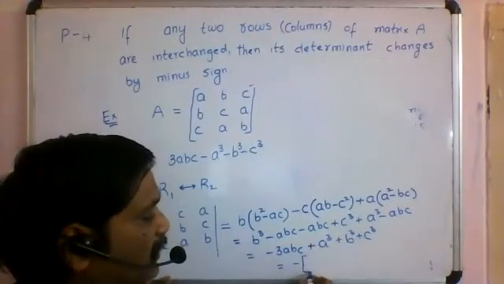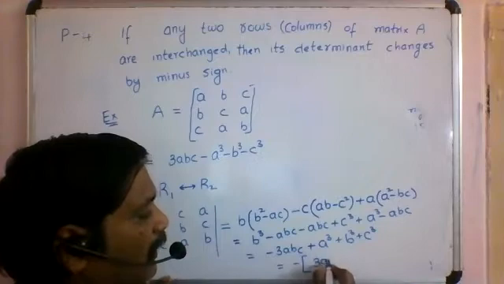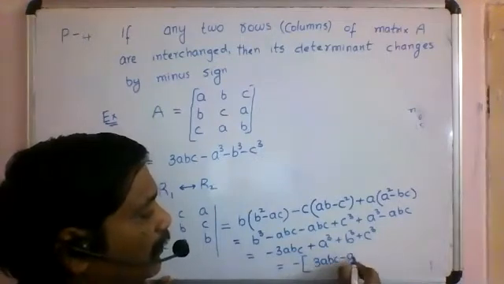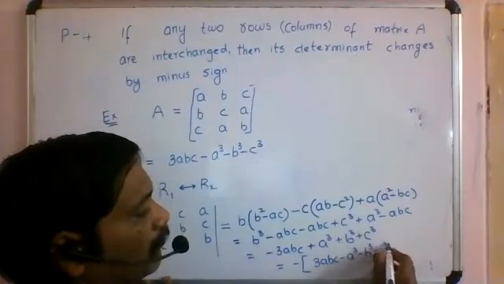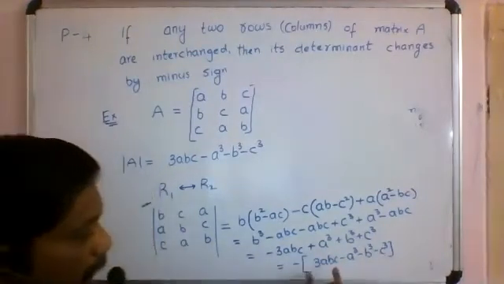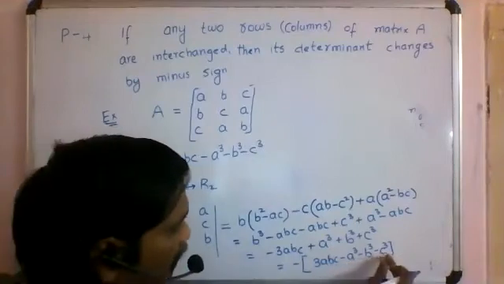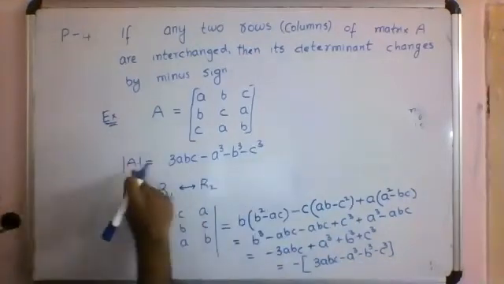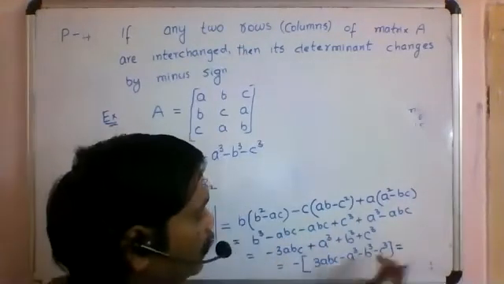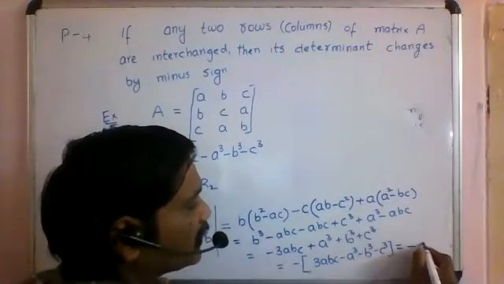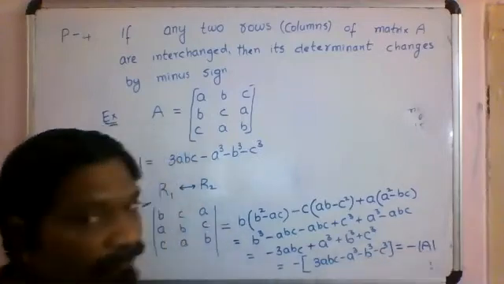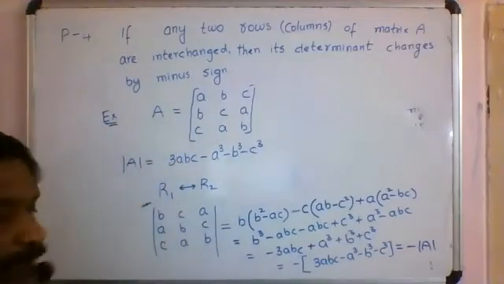If I take minus common, I can write 3ABC minus A cube minus B cube minus C cube. But 3ABC minus A cube minus B cube minus C cube is nothing but det A. So this bracket is det A, and before that we have minus. So minus det A. I think you understood now.